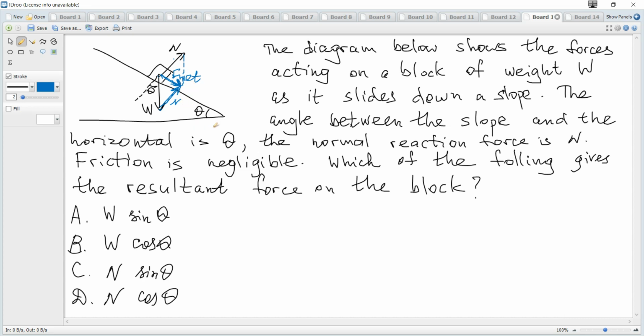To find the magnitude of a vector, we consider a triangle where each side is equal to the magnitude of the corresponding vector.